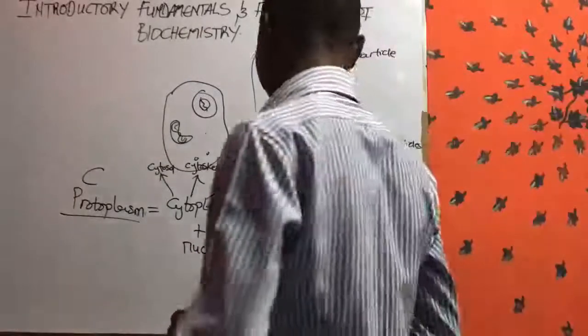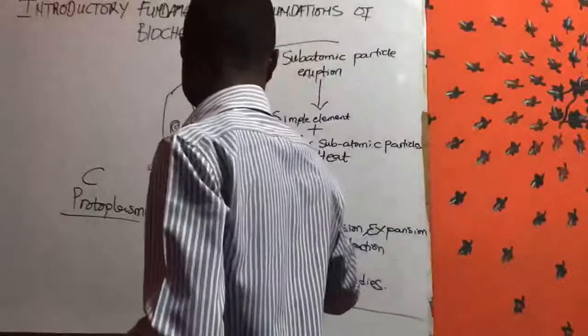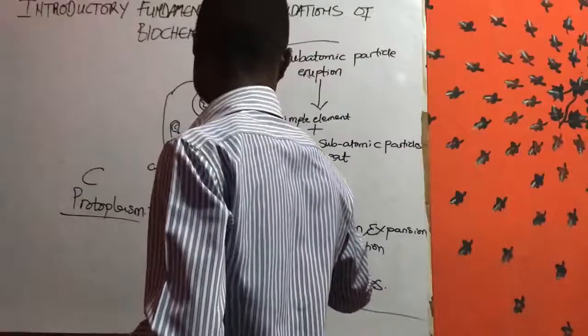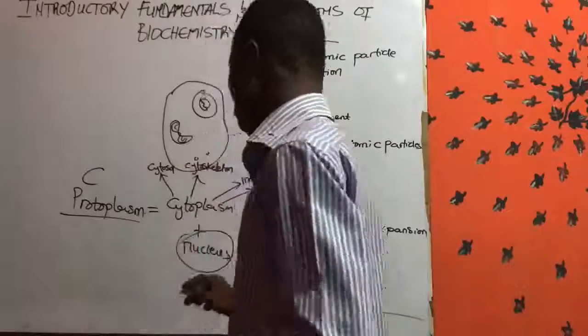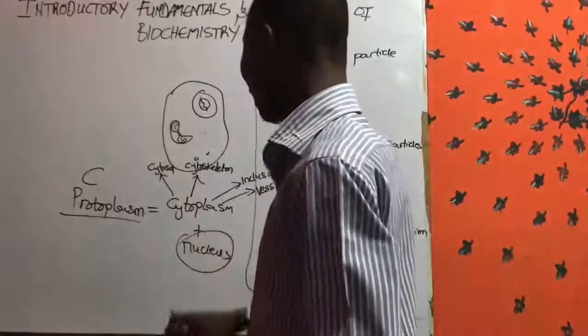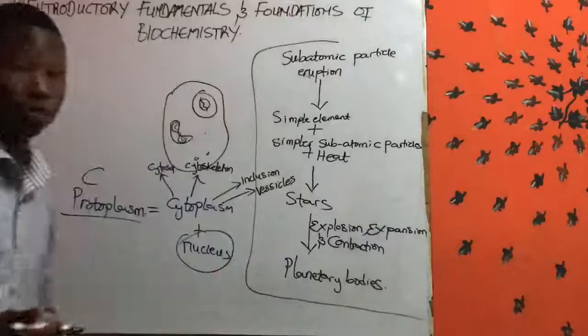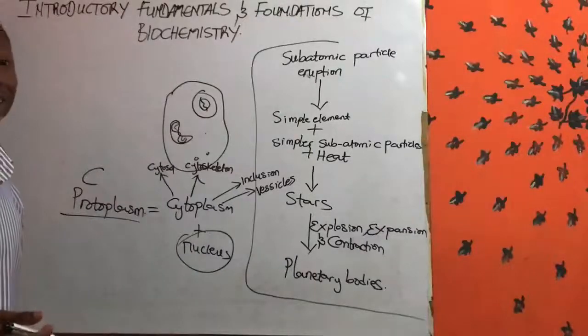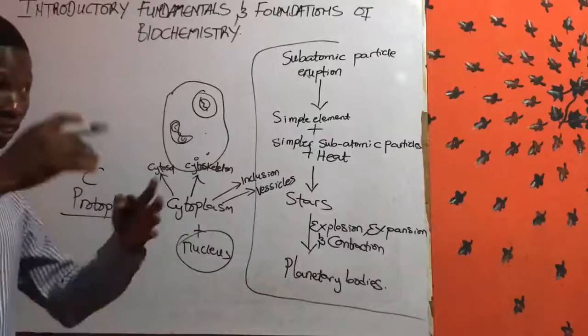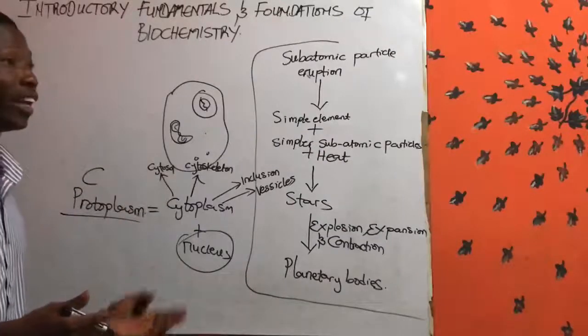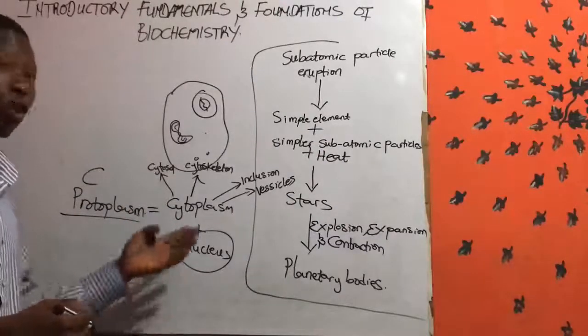We also have vesicles. Now, your nucleus contains the genetic material. It is also membrane bound, and it contains your DNA, your chromosomes. It is the seat of your genes.